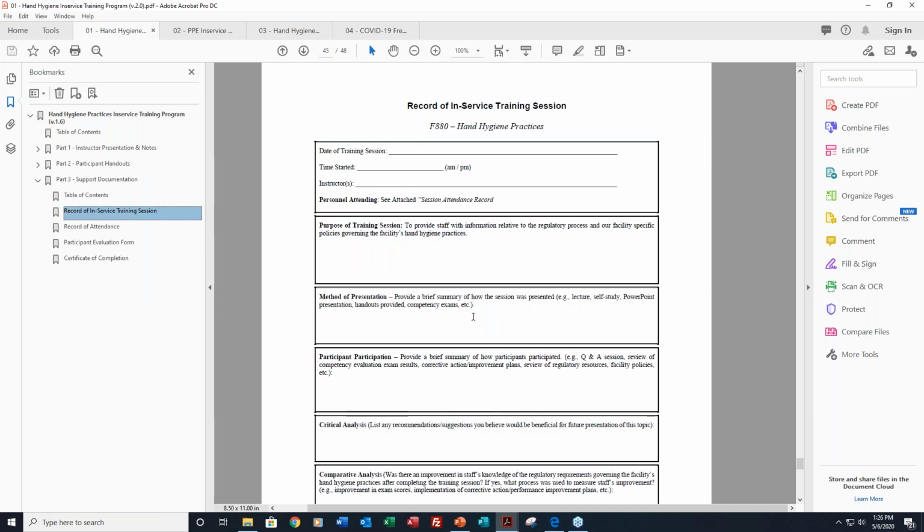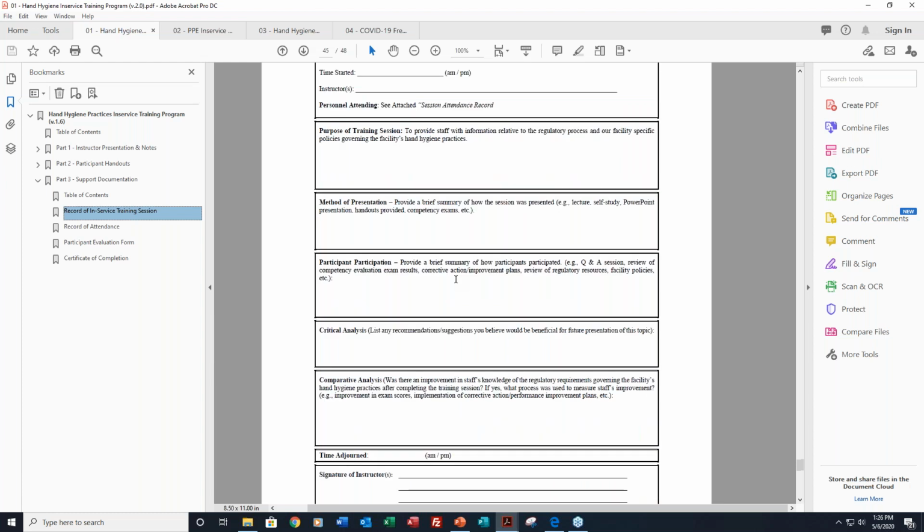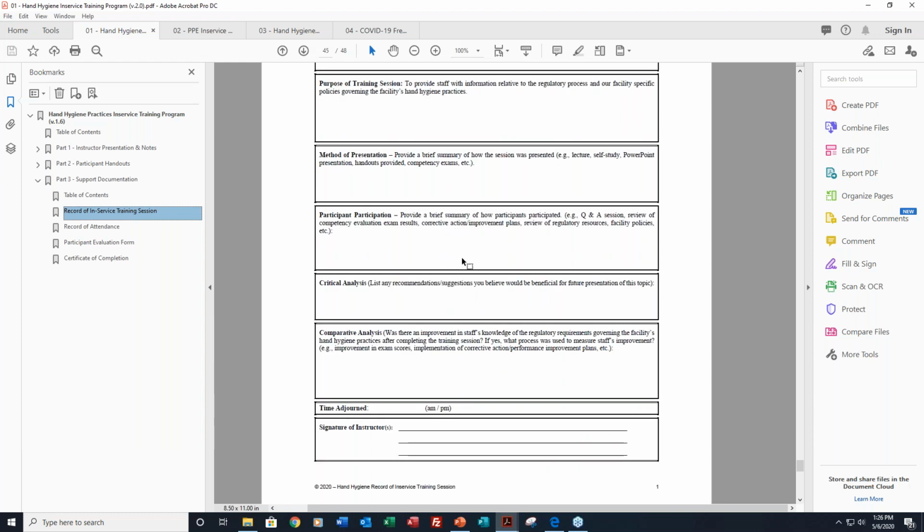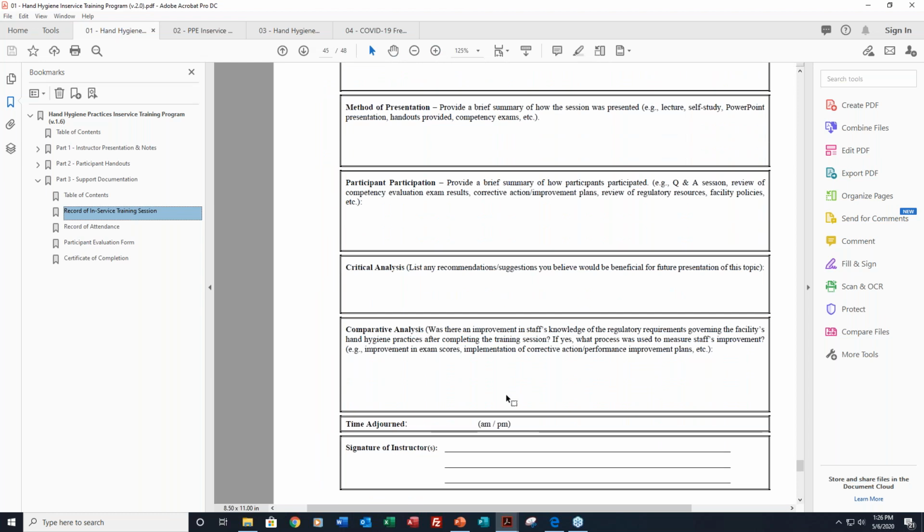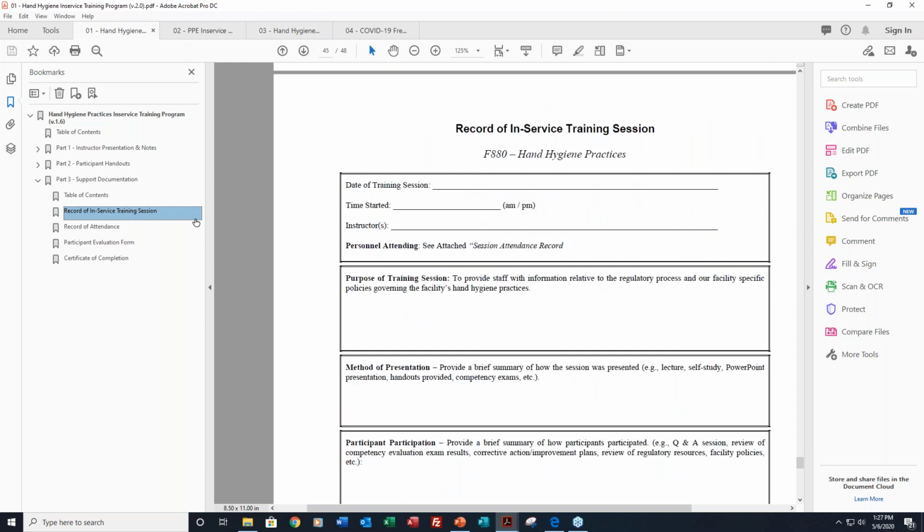You have a record of training. That's important. When I'm looking at the record of training, one of the questions, as we discussed, was a comparative analysis. It's asking you the question, was there an improvement? We modified this document so that it works in direct relationship to how you would answer a 2567. So all of that information is there as well.